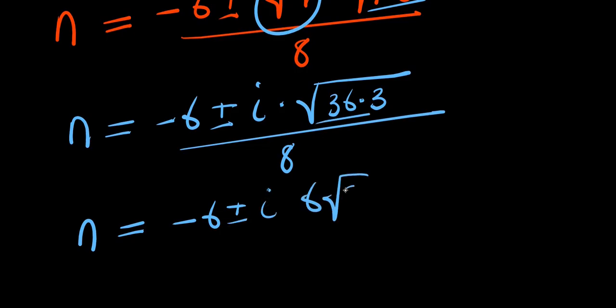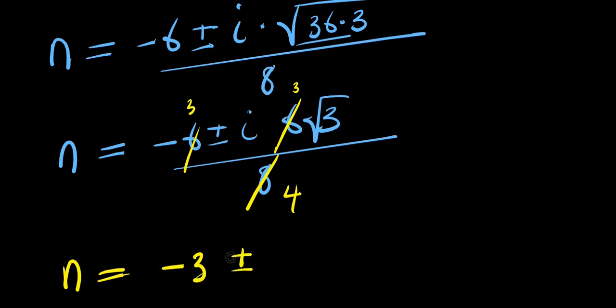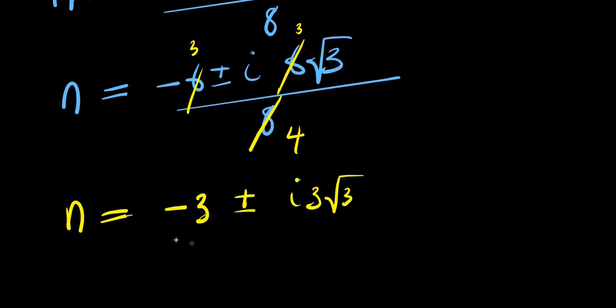This is 6 root 3 divided by 8. So from here, we can reduce this. That is 2 cancel this, 4, 2 cancel this, 3 cancel this, 3 cancel this. So we have n equals negative 3 plus or minus i times 3 root 3, and this is divided by 4.